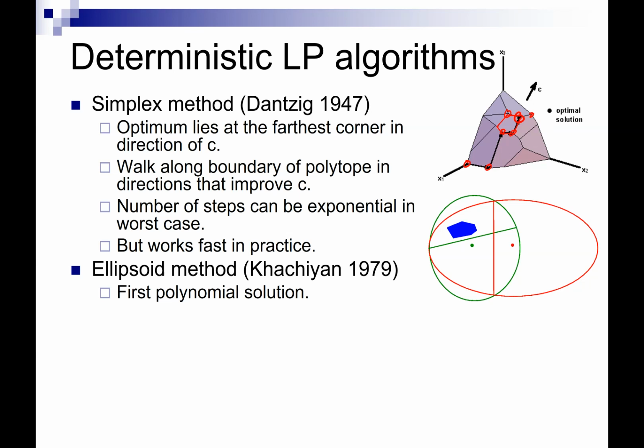It's going to keep looking for smaller and smaller ellipsoids, until you get to a very small ellipsoid which encloses the optimum, and then that is the optimum. Khachiyan showed that this method actually terminates in polynomial time.